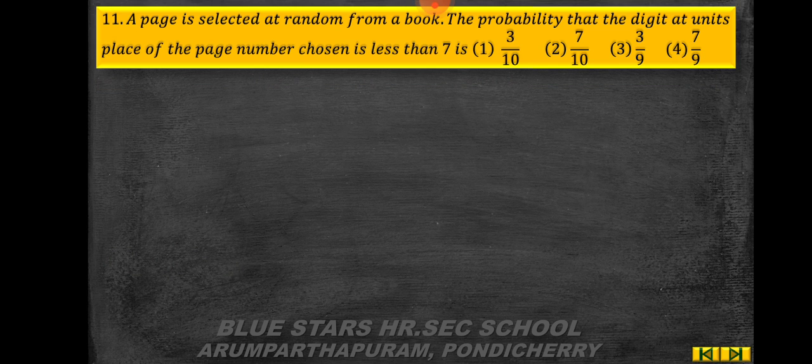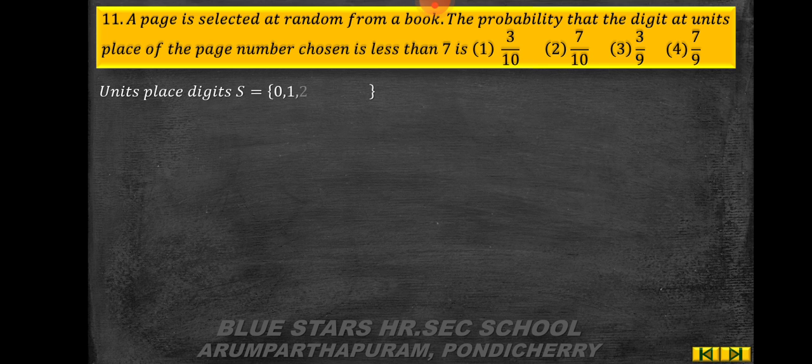Question number 11. A page is selected at random from a book. The probability that the digit at units place of the page number chosen is less than 7 is option 1, 3 by 10, option 2, 7 by 10, option 3, 3 by 9 and option 4 is 7 by 9.